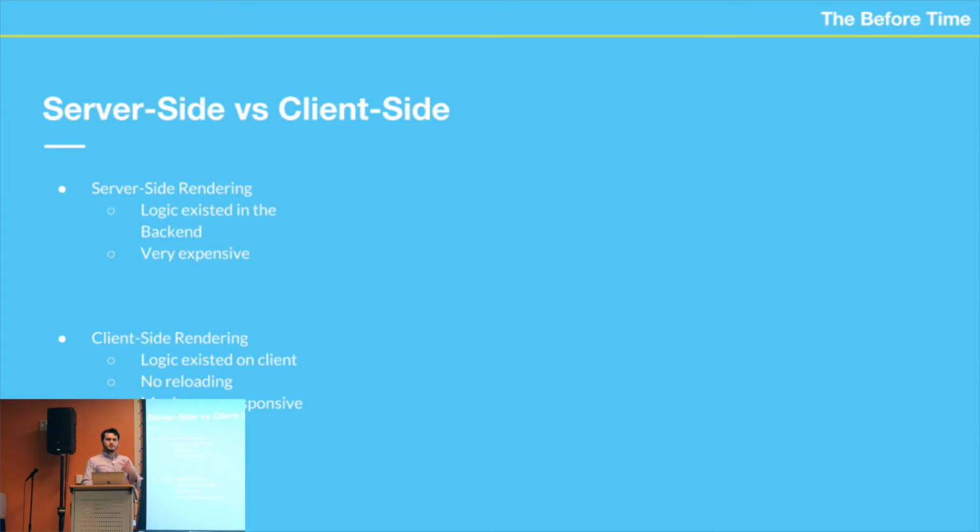So some terms that I want you to know are server-side rendering and client-side rendering. I'm going to explain these two. So server-side rendering, logic existed on the back end. It's very expensive. What I want you to think of, you can rewind the clocks real quick to the early MySpace days or late MySpace days, early Facebook days, where you're standing there in your profile and you're waiting for a new notification, and you're like, okay, Command R, let me refresh it, right?